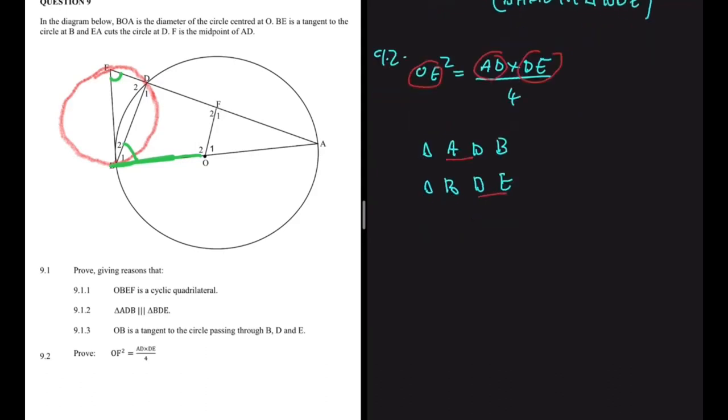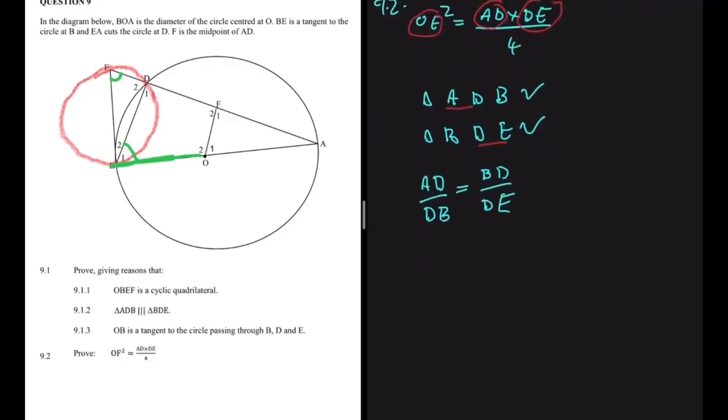So because the two triangles are similar, we can say that line AD on this first triangle, divided by line DB on that triangle, will be equal to line BD on this triangle here, divided by line DE, right? The sides will be in proportion because the two triangles are similar.